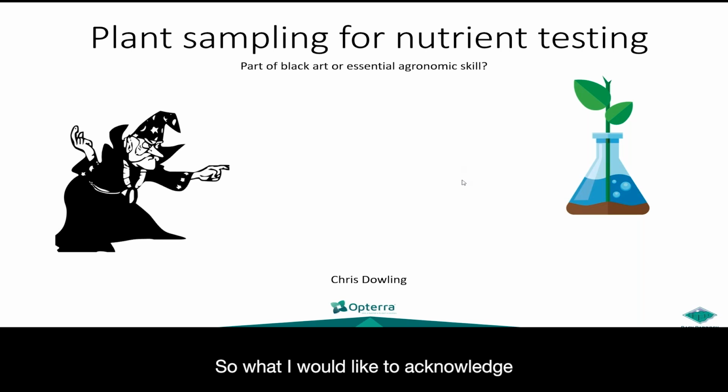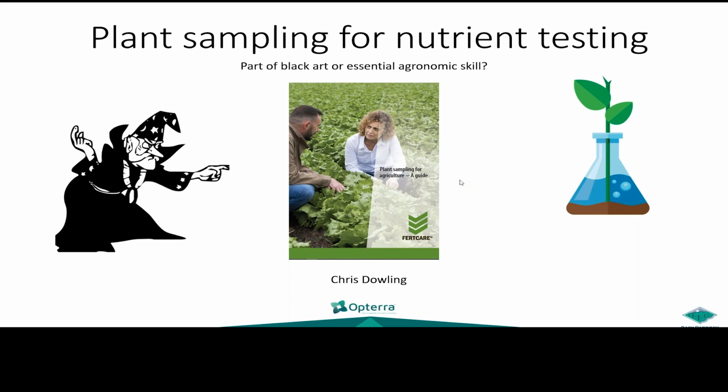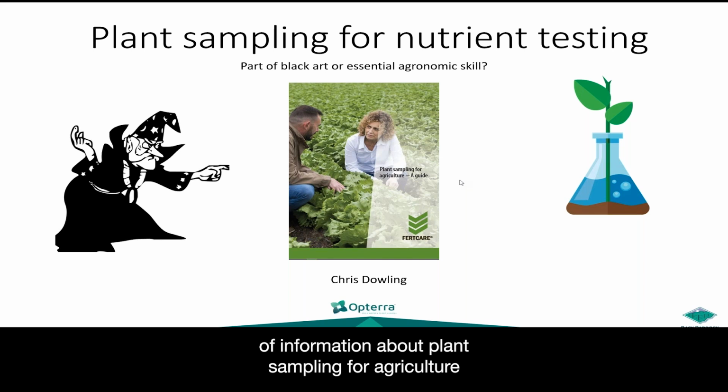What I would like to acknowledge to start with is that this talk was spawned from the fact that Doris and I were working on a project for Fertiliser Australia to create a companion volume of information about plant sampling for agriculture, as was published a couple of years ago about soil sampling.